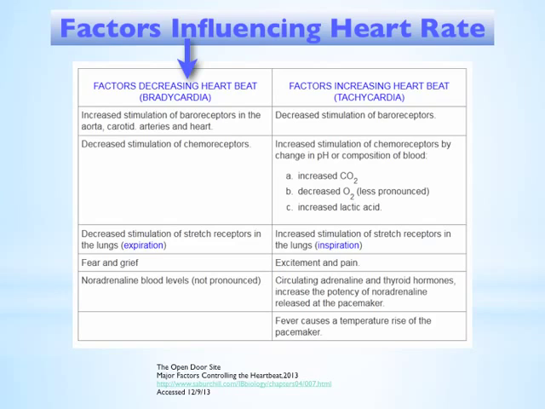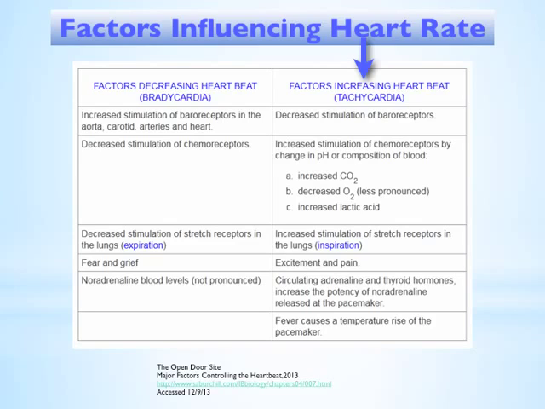Now going to the other column, tachycardia, increased heart rate. Again, if stimulus to the baroreceptors is reduced, then they're not so active. But this next part is quite important. Chemoreceptors are receptors in various parts of the body that respond to changes in carbon dioxide and to pH or acidity of the blood.